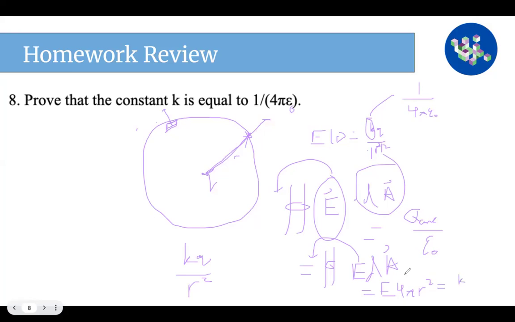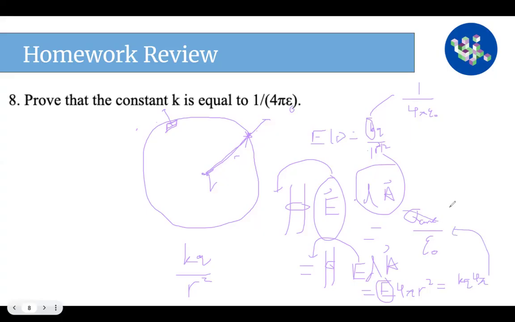Wait, hold on. So E is equal to kq over r squared. So if we plug that in, we get kq times 4 pi, and this equals Q enclosed over epsilon 0.